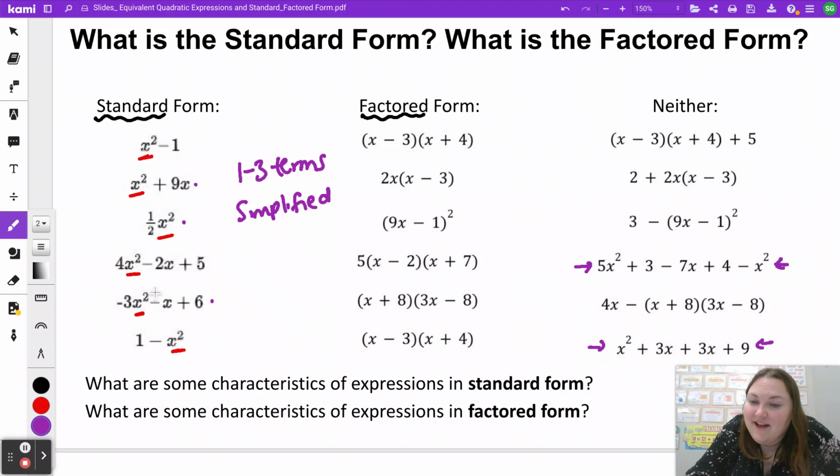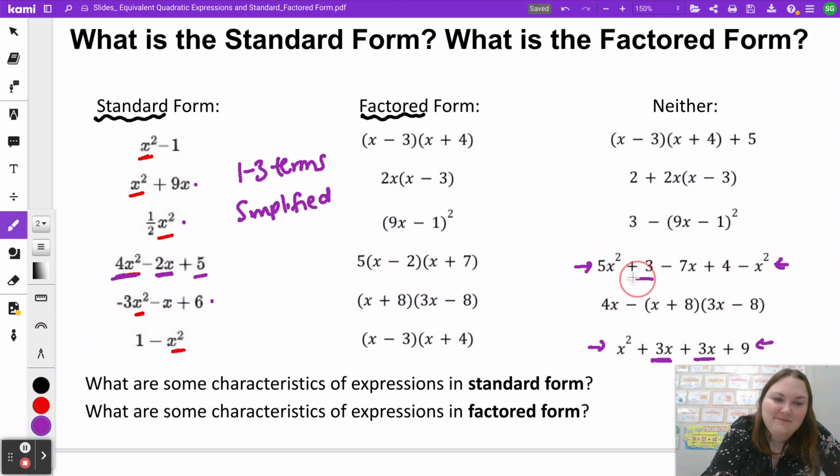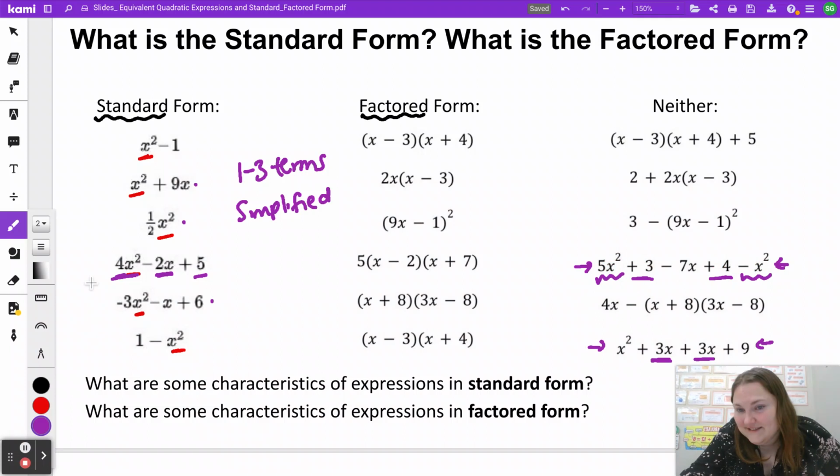And when you simplify it, you're putting together all of those x squares, you're putting together all of the x's, and you're putting together any numbers there. So for example, this one is not simplified because we could combine the 3x and the 3x. This one up here is not simplified and not in standard form because you would need to combine the 3 and the 4, and you would need to combine the 5x squared and the minus x squared there. Once you did that, then they would be in standard form.